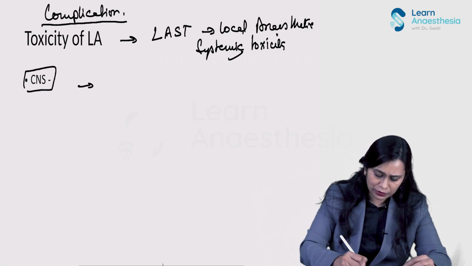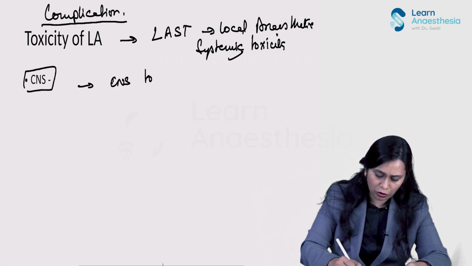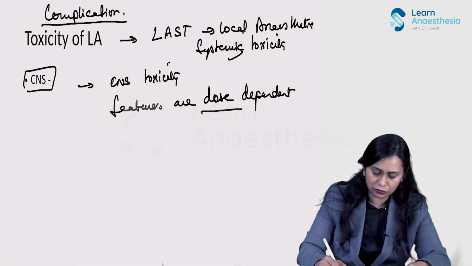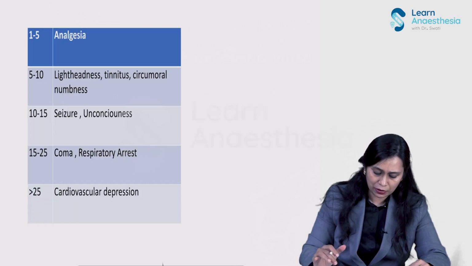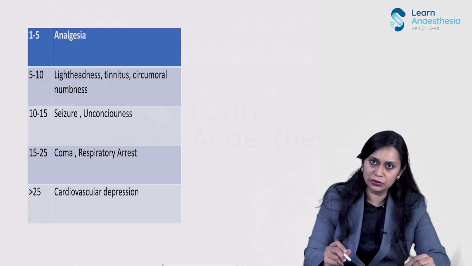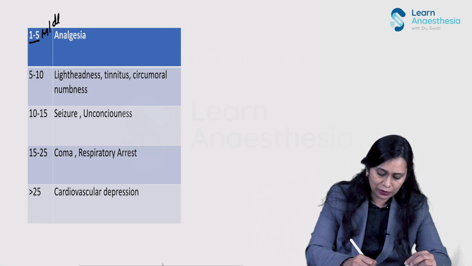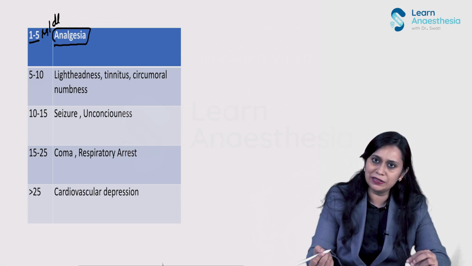So CNS toxicity features are dose dependent. If your blood concentration is 1 to 5 microgram per deciliter, we get analgesia. This is the safe limit.